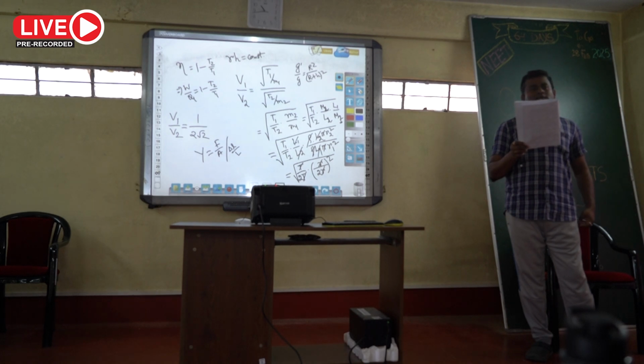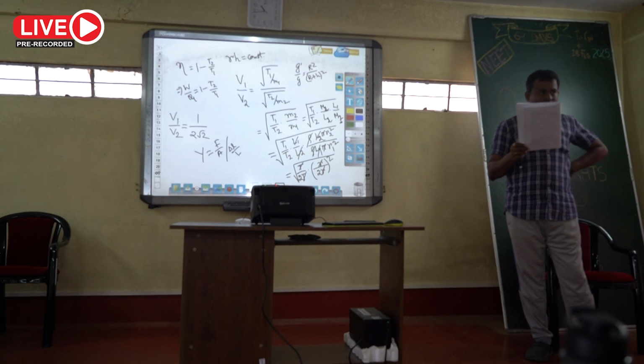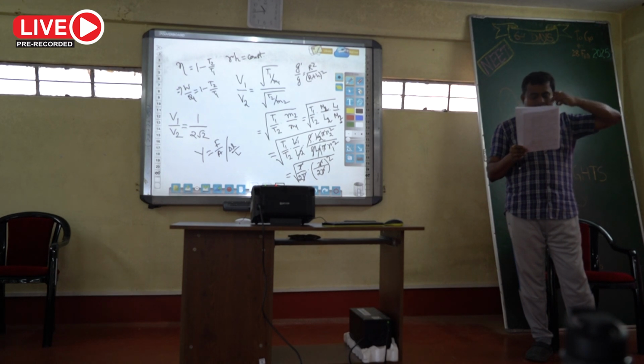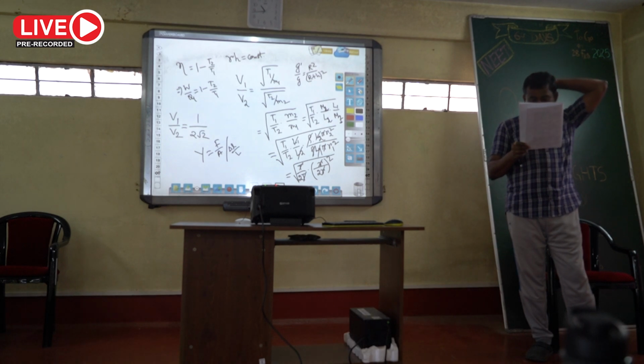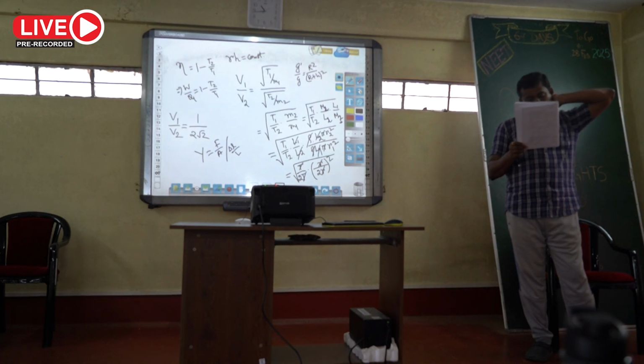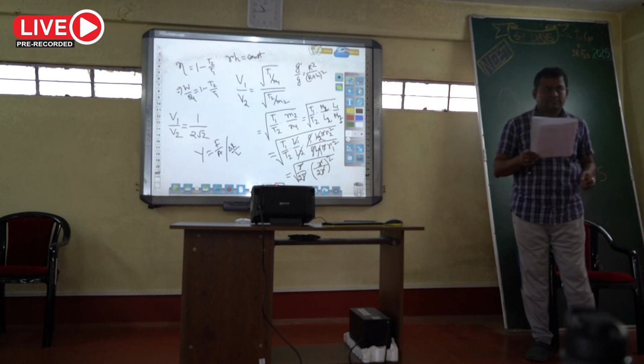Water has higher surface tension. The materials for the construction of an electromagnet should have high permeability.